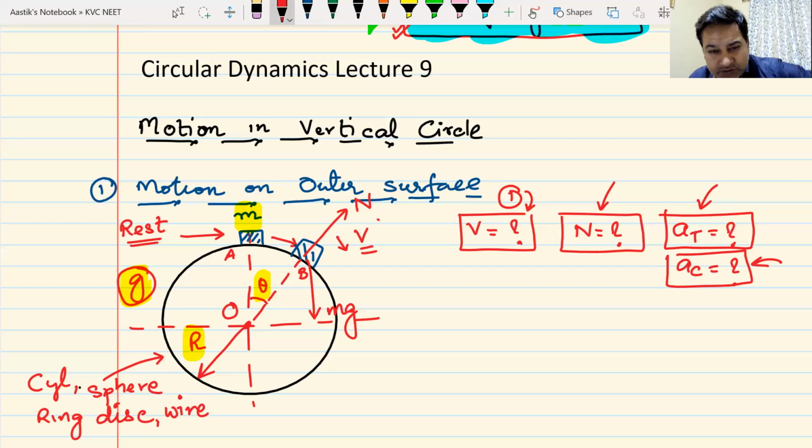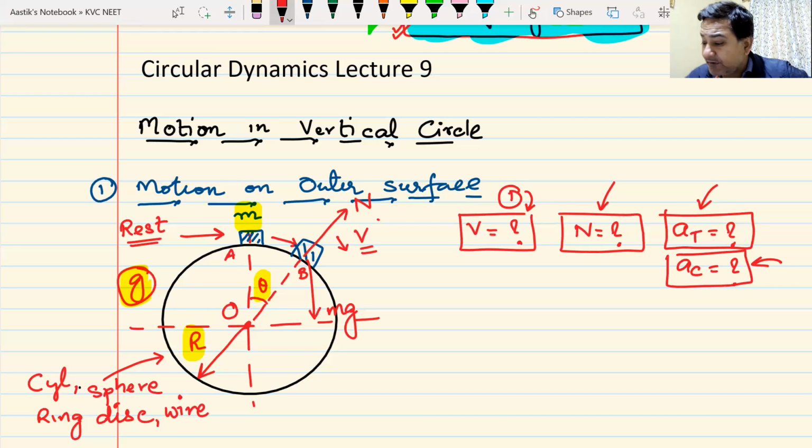You'll have to make three equations. First equation along tangential direction, second equation along radial direction, third equation in the perpendicular direction where this motion is happening. In that equation, we are not going to get anything. And then you have to make the equation for the work energy theorem.